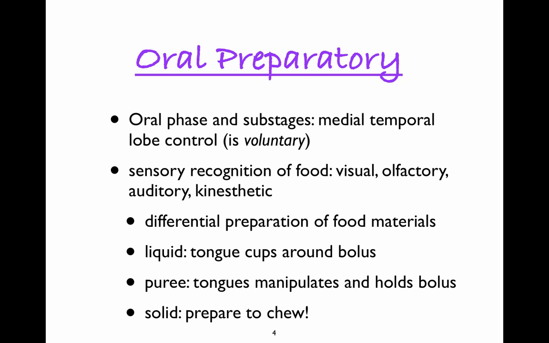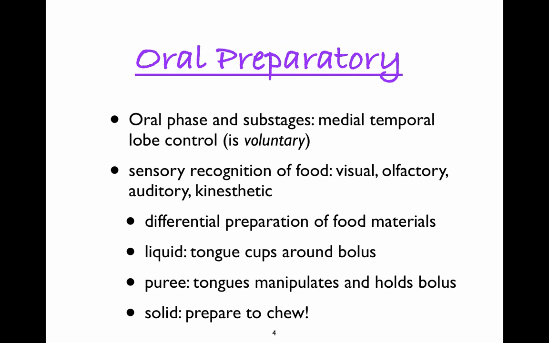For example, with liquid that is presented into the oral cavity, the tongue typically cups around the bolus. Again, the bolus is the wad of material or the mouthful of food or the sip of the liquid.